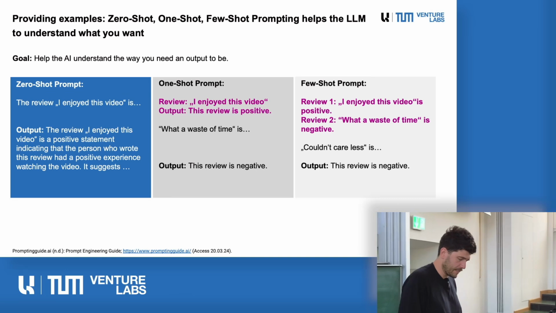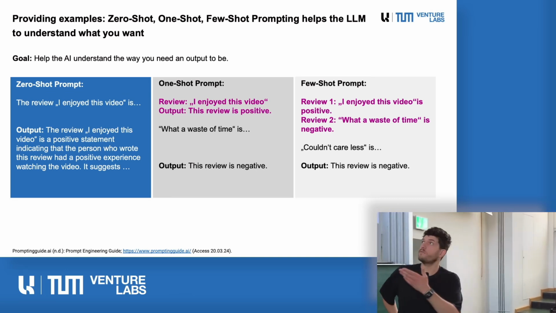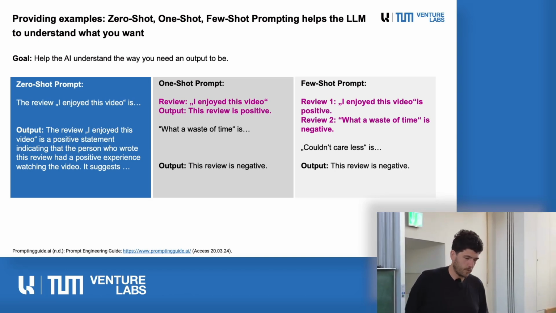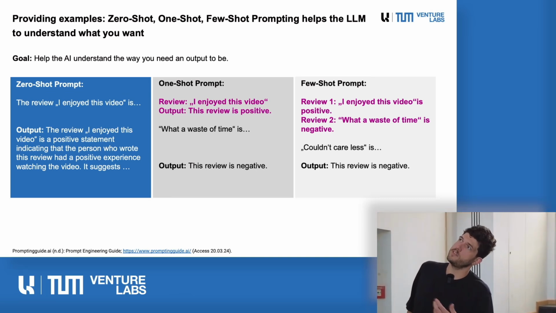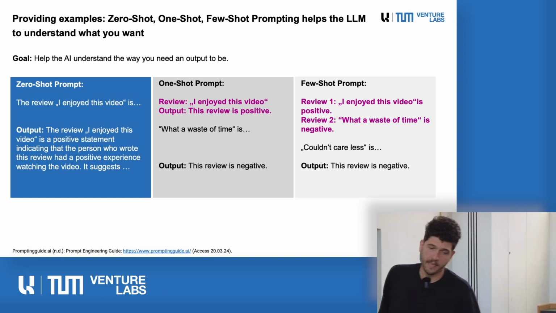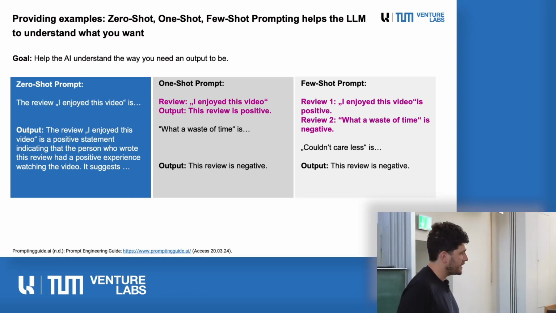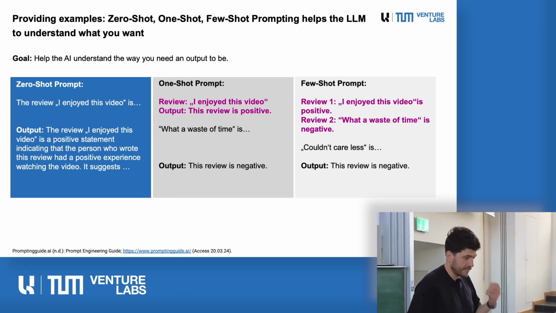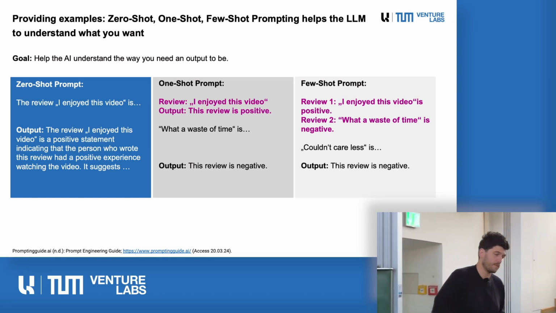We had this problem with the attribution of liking a video, that it does not know exactly what it wants. In particular here, the output might be "the reviewer, I enjoyed this video, as a positive statement indicating," and so on. Again, ChatGPT is babbling quite a lot. The only thing I want is to say positive or negative, because I want to feed this in an Excel sheet, for example, and I want to sort this at the end by positive or negative.